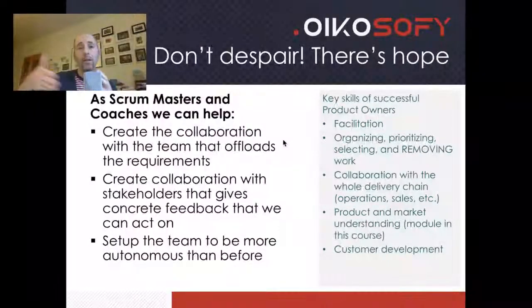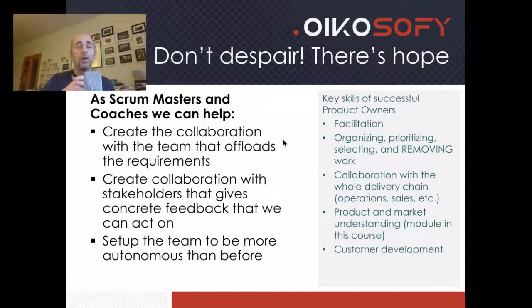We don't need to go through this huge, slow, super boring process of getting all of the requirements approved before we get started. We can actually start collaborating with stakeholders and get them to be part of the incremental product delivery. And of course, we can help the product owner set up the team to be more autonomous than before.